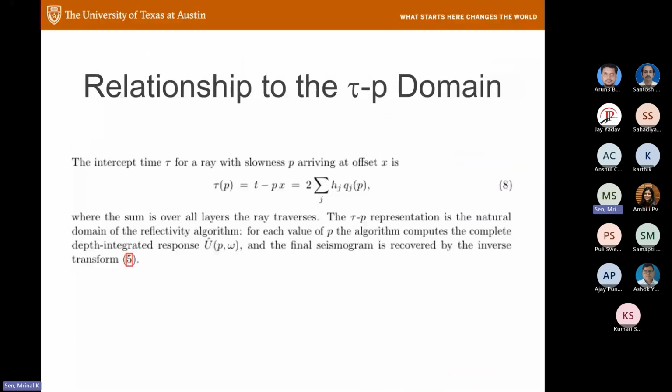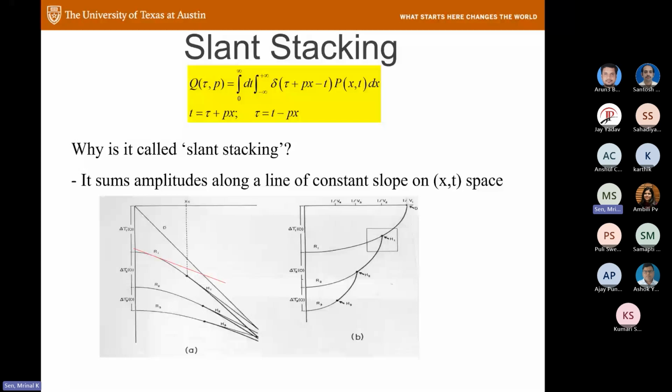So then you can straight away relate it to tau p. And in tau p, I just wanted to remind you, in the x-t domain, the events look like a sum of ellipses for different layers. But here we're generating tau p gathers first and then going to x-t.